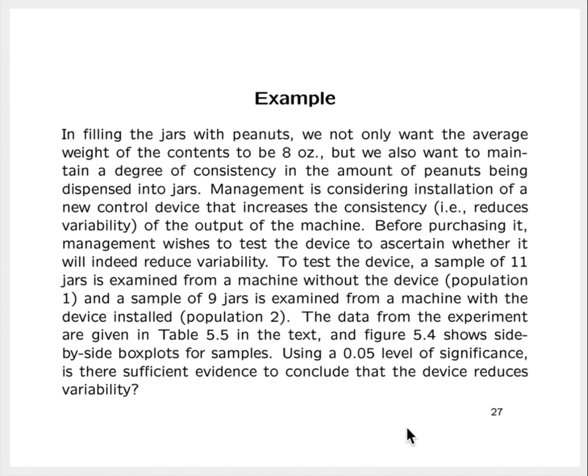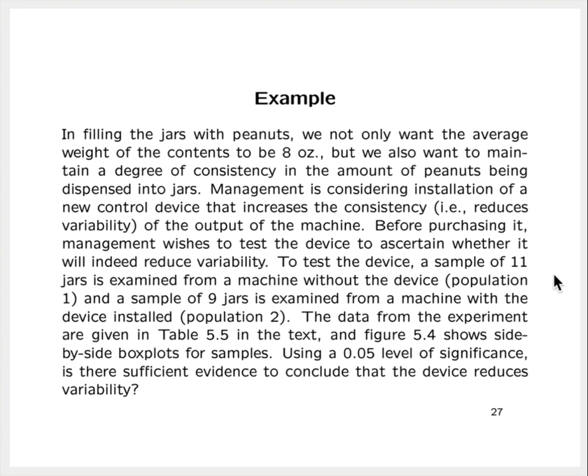Now, before purchasing it, management wants to test the device to determine whether it will indeed reduce the variability. Now, to test the device, a sample of 11 jars is examined from a machine without the device. We'll call that population 1. And a sample of 9 jars is examined from a machine with the device installed, and so we'll call that a sample from population 2.